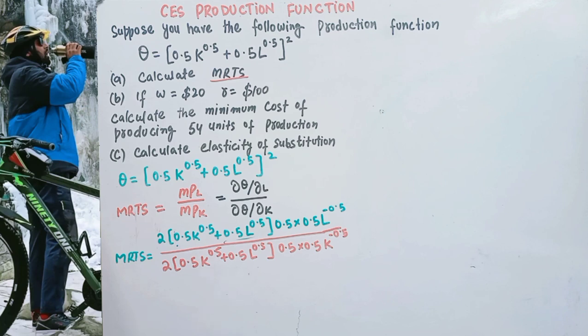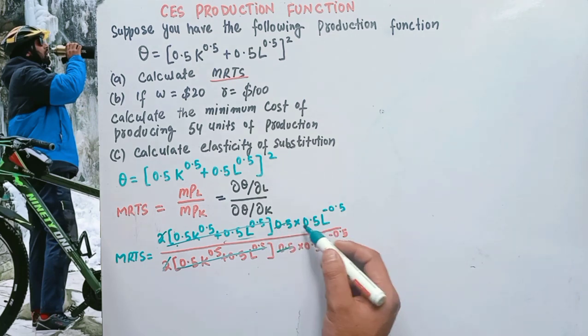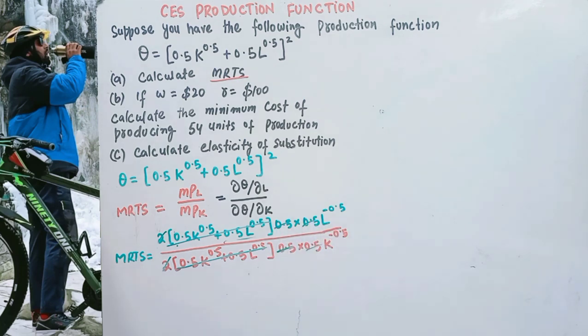So let us do some cancellation. This whole term gets cancelled, and the 0.5 and 0.5 get cancelled. So MRTS comes out to be L to the power minus 0.5 upon K to the power minus 0.5.